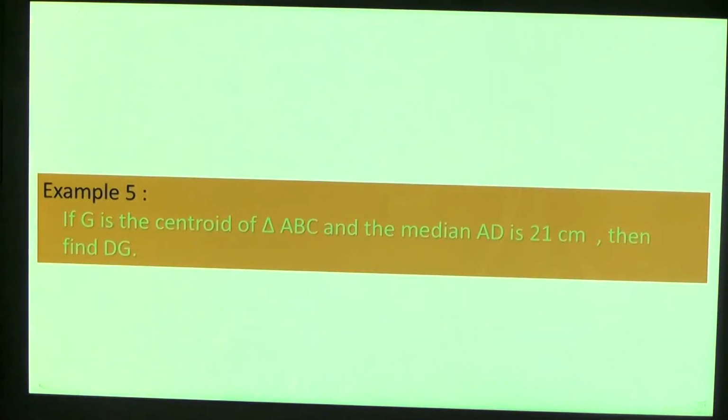If G is the centroid of triangle ABC and the median AD is 21 centimeter, then find length of DG.